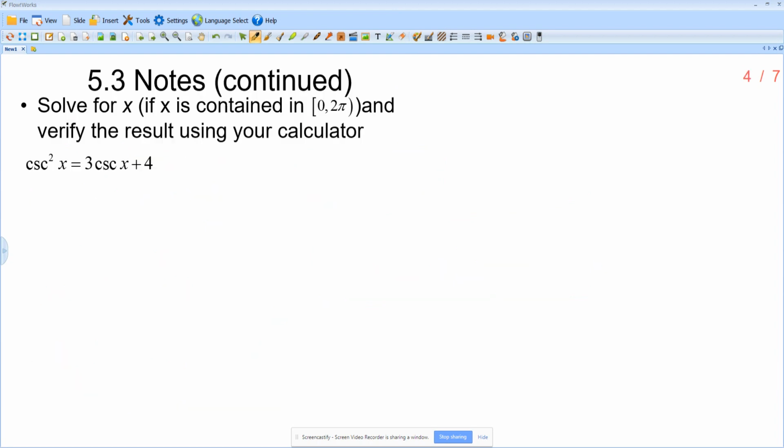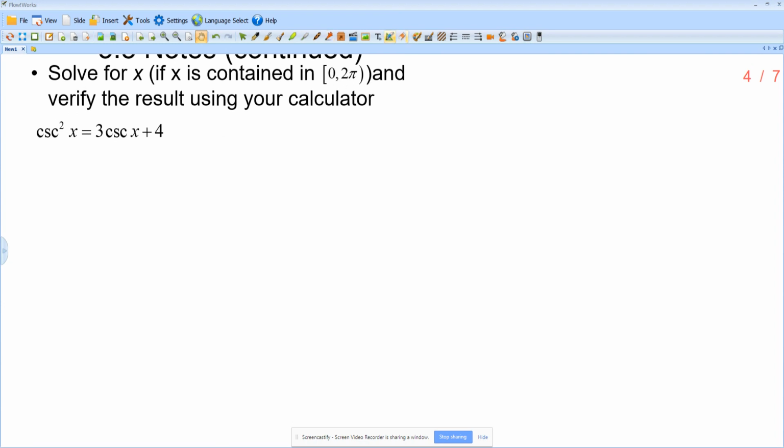All right, moving forward. Solve for x if x is contained in 0 to 2 pi. So there's a domain restriction here. And verify the results using your calculator. This part of it we're going to have to talk about in class. But we've got cosecant squared equals 3 cosecant plus 4. So I'm going to move everything over to the left and have cosecant squared x minus 3 cosecant x minus 4 equals 0.